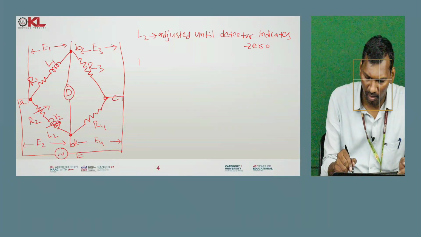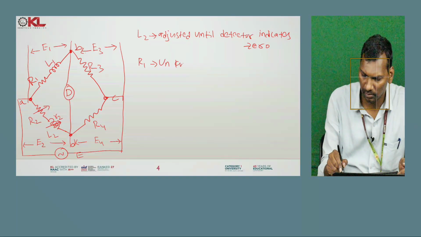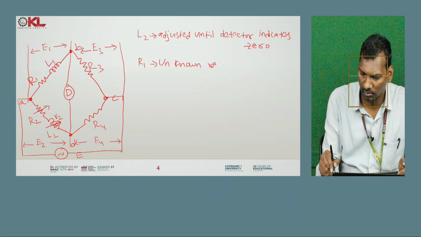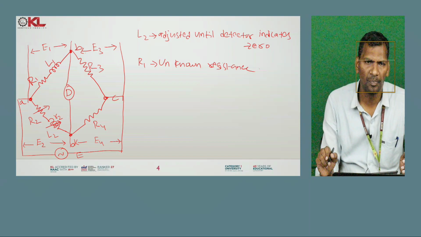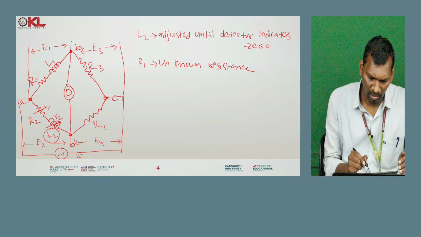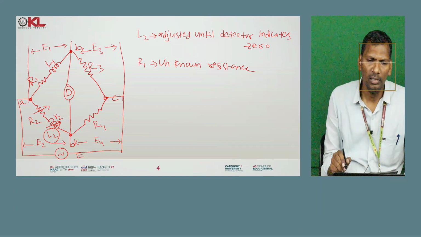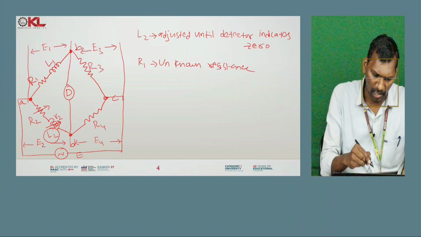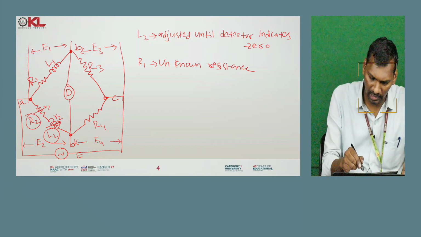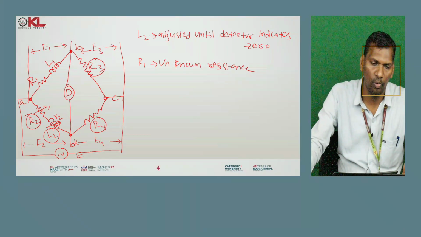Now R1 is an unknown resistance. Similarly here L1 is an unknown inductance. L2 is a known inductance, but it is an adjustable one, that is nothing but a standard inductance, and R2, R3 and R4 all are the known values.